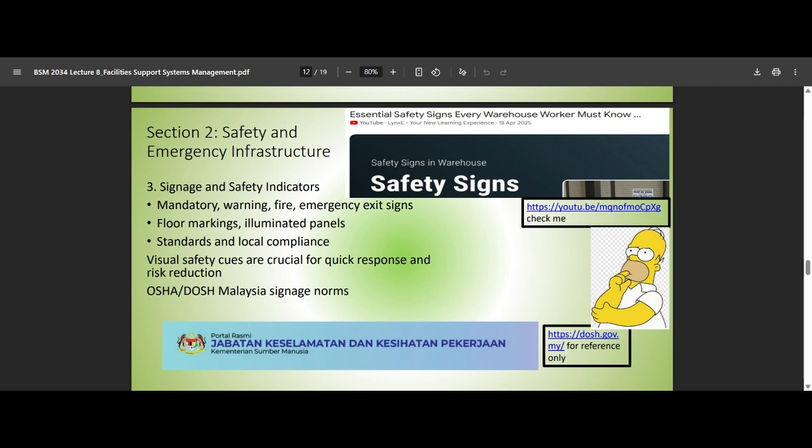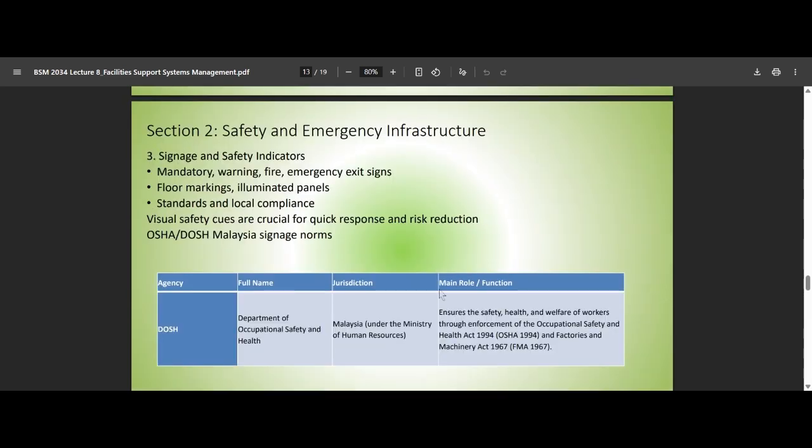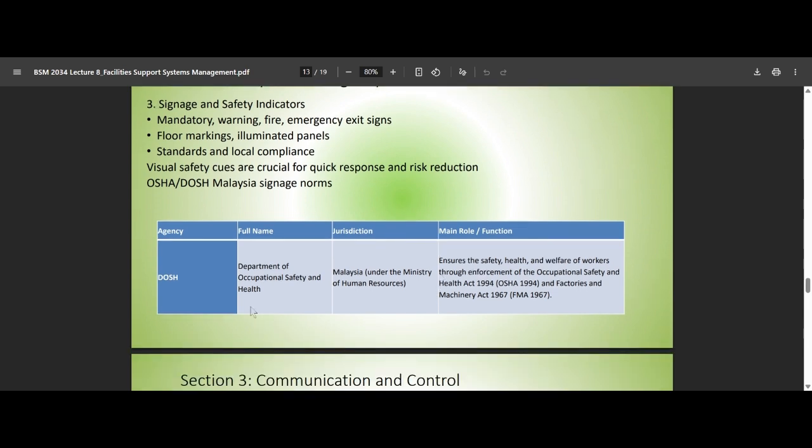Sometimes I've seen people, in fact myself, get confused between OSHA and DOSH. DOSH stands for Department of Occupational Safety and Health. It's an agency. It comes under the Ministry of Human Resource.